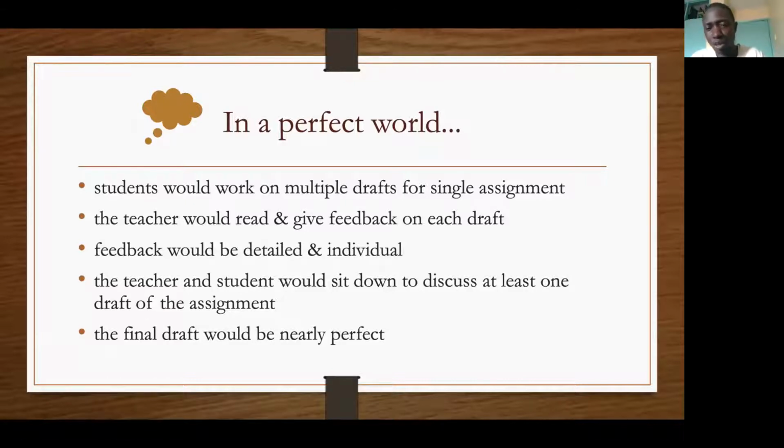It is out of 20 marks. We have D students, between 0 and 5 marks. We have C students between 5 and 10 marks. We have B students between 10 and 15, and we have A students who score between 15 and 20.